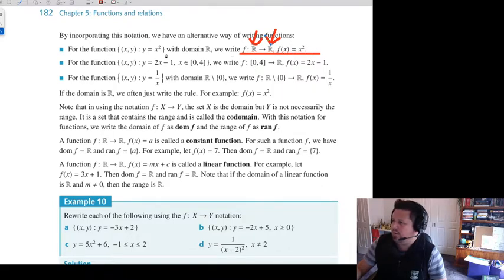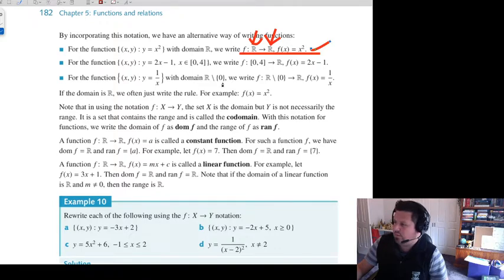And we've written out the function f of x, and it's equal to x squared in this particular case. So it's just slightly changing things around a little bit. Likewise here, if you had an equation y equals 2x take away 1, and you had it for x elements between 0 and 4, writing it using this other notation, you could say the domain is between 0 and 4, and its codomain is all real numbers for the function.